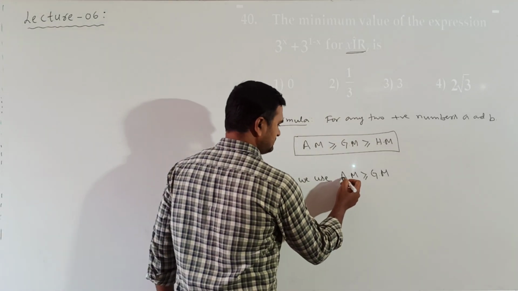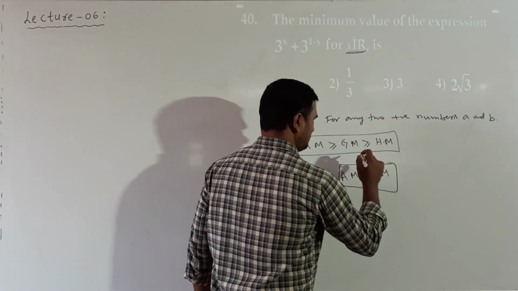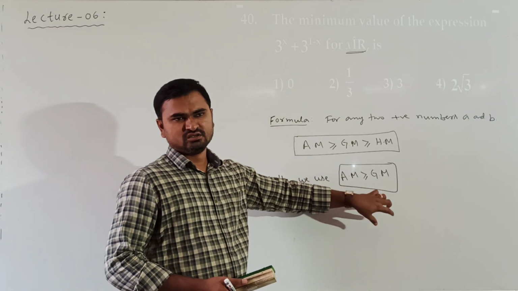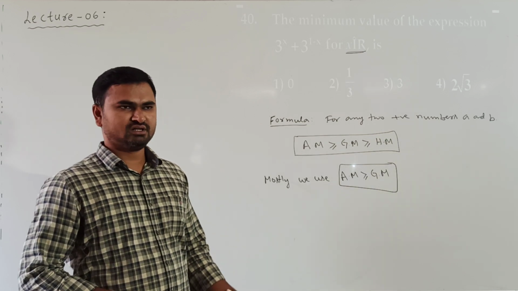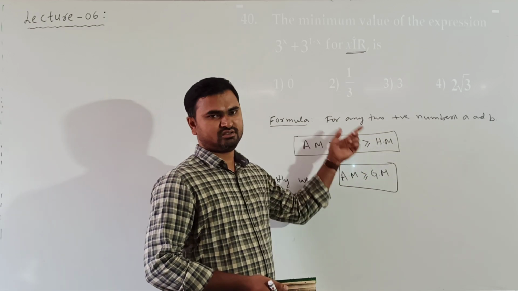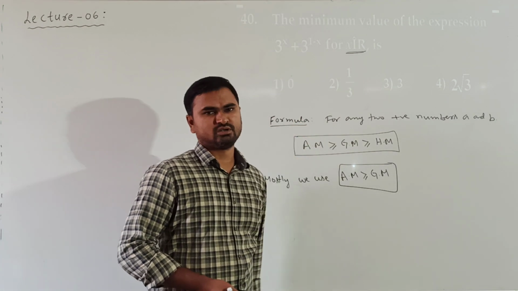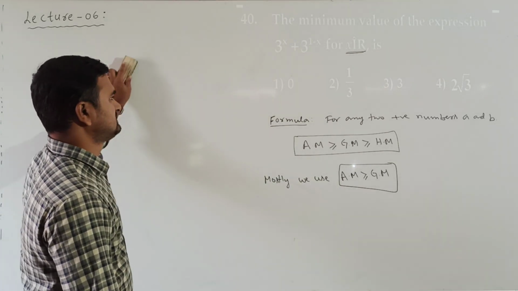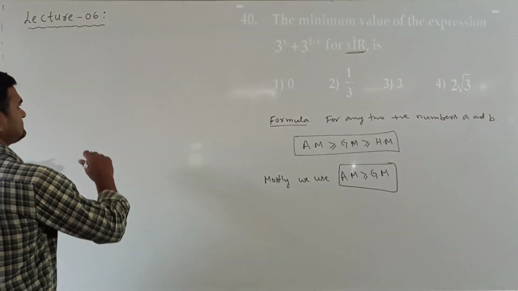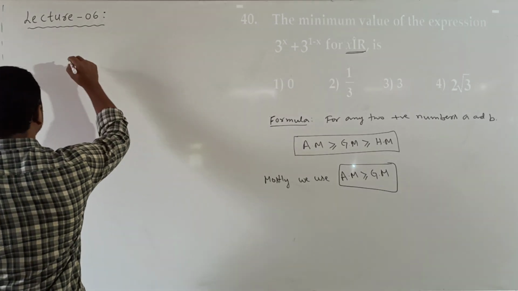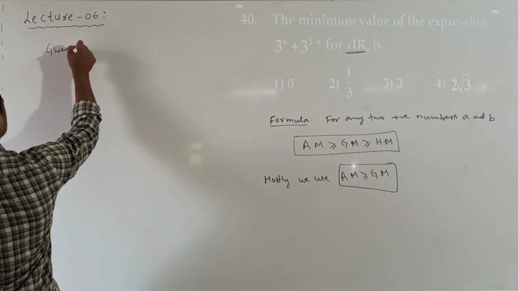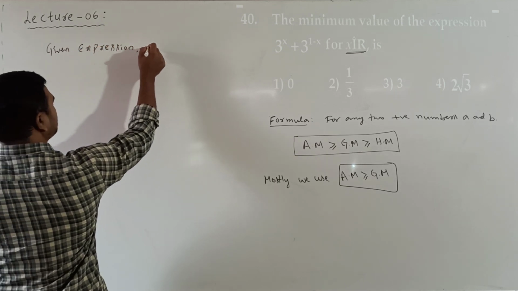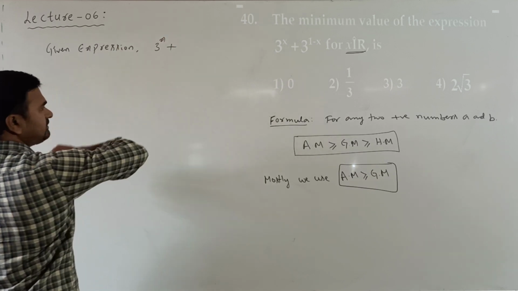We use this formula whenever we have a term and its reciprocal. Why we need the term and its reciprocal, we will see when solving this problem. The given expression is 3 power x plus 3 power 1 minus x.